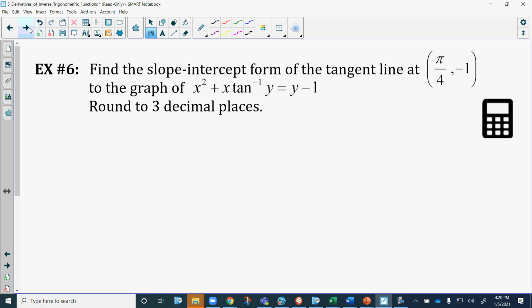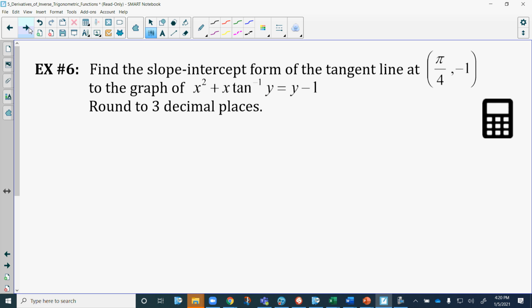Now the last example that we have in our notes here, this one's going to require a calculator, because the values that we're going to get are not going to be nice simple numbers. So I would strongly encourage you to see if you can find the derivative of the given function before I start working out the problem.